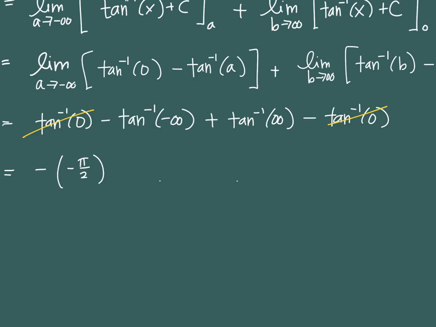Negative pi over 2. You can picture a graph in your head. And then plus, when is the first time that tangent achieves a value of positive infinity? Pi halves. And so I end up with a double negative, pi halves plus pi halves equals pi.